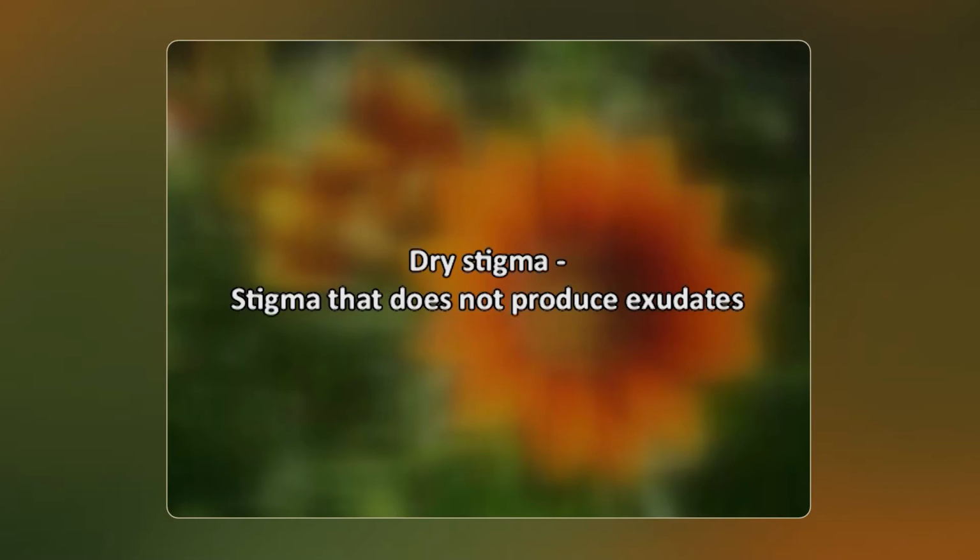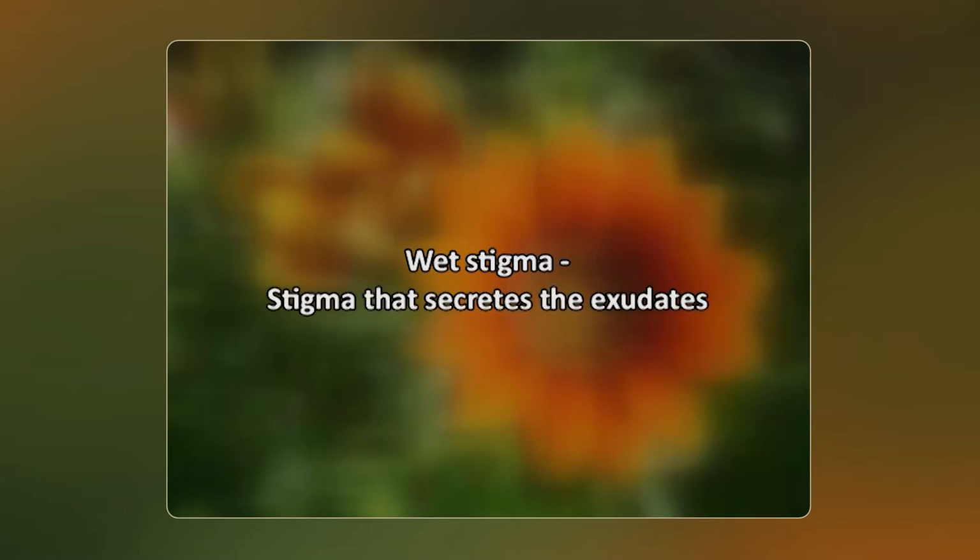The stigma in some species does not secrete exudates and is thus referred to as dry stigma, while in other species it secretes the exudates and is called wet stigma.